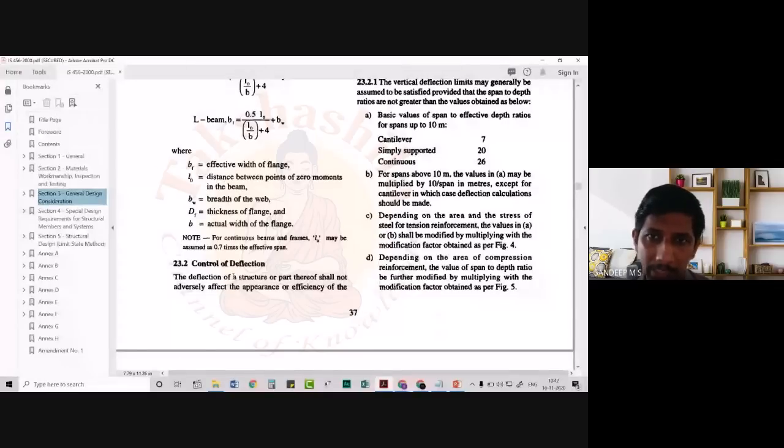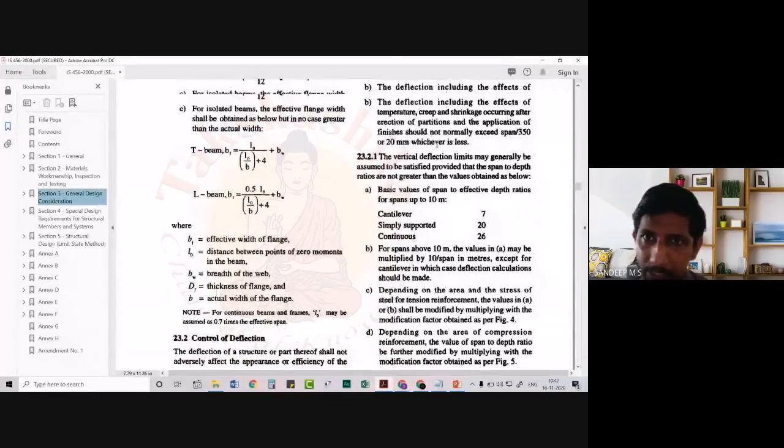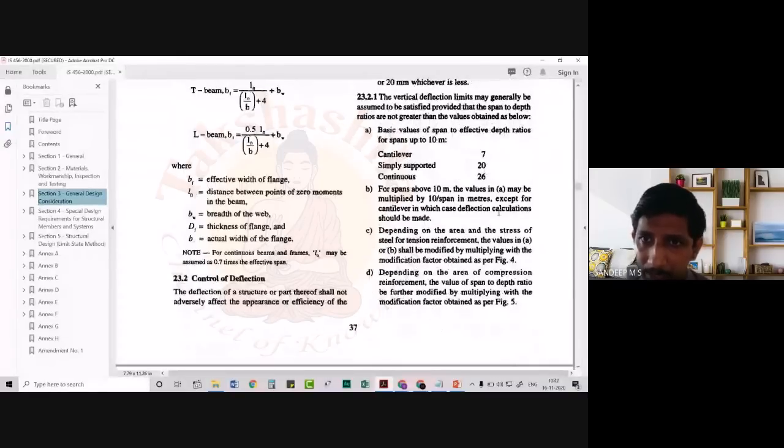So again we are back at the same thing, control of deflection. If you remember, there are some additional conditions mentioned below this span to effective depth ratio, and from this we took the span to depth ratio.